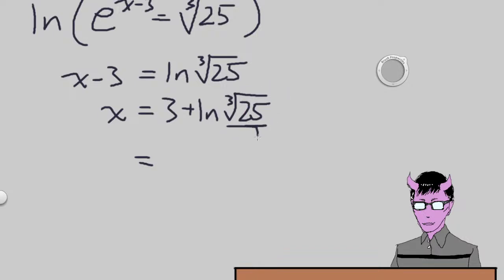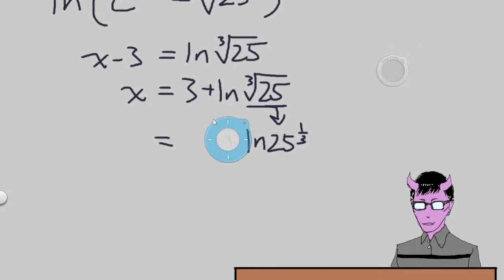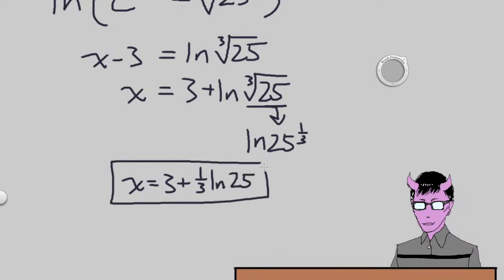So this part right here, you can rewrite it if you wish to 5 to the power of 1/3. So when you have this, you could do the exponential slammage right there, if you really want to, but I don't think it's that important. But if you want, slammage. You get this as the final answer.